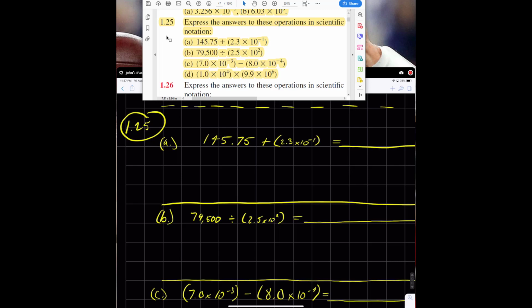Alright, question 25 has 4 parts, and this is where the math gets fun. Okay, and the rules on how to do this math successfully start on page 13.